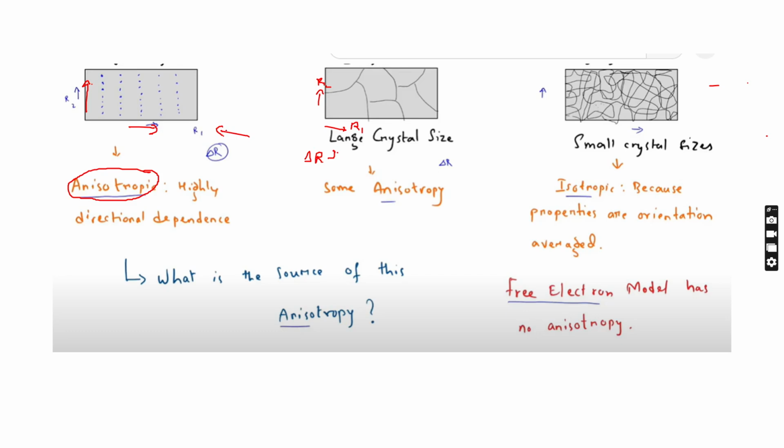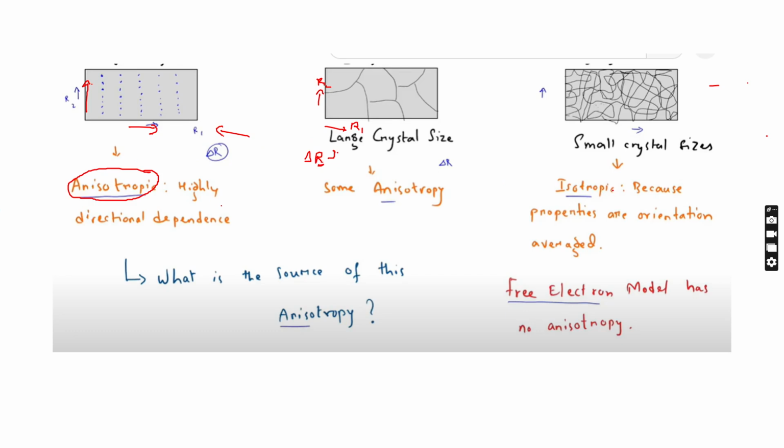But in the case of polycrystalline material, it will be isotropic because it does not depend on the direction. The properties corresponding to particular orientations have to be taken as averaged.